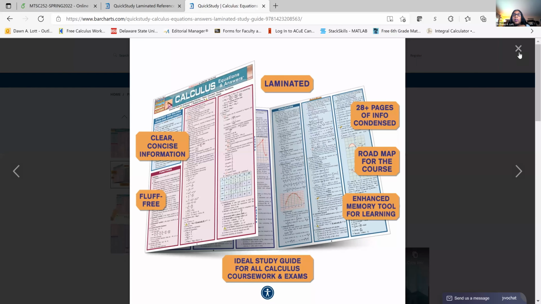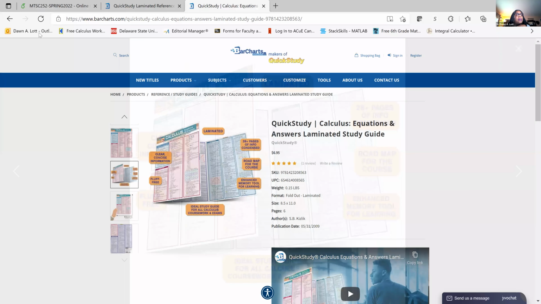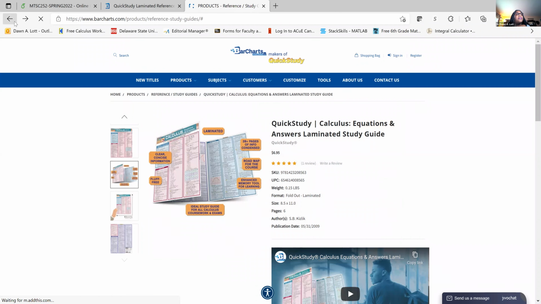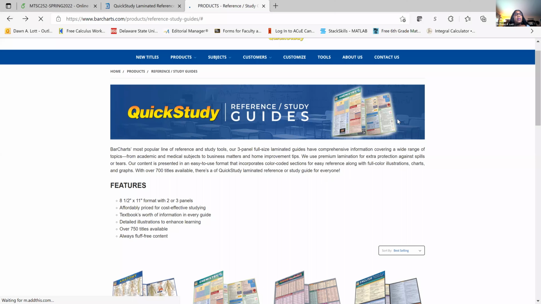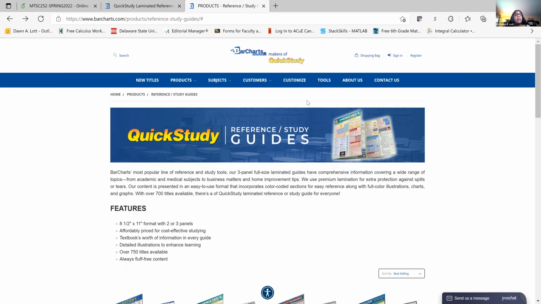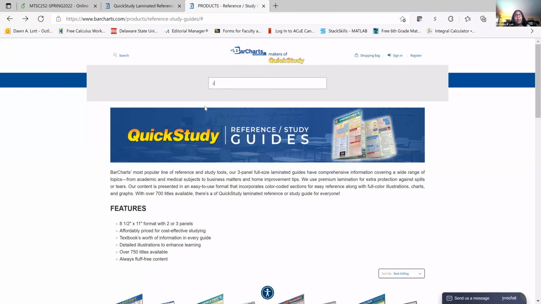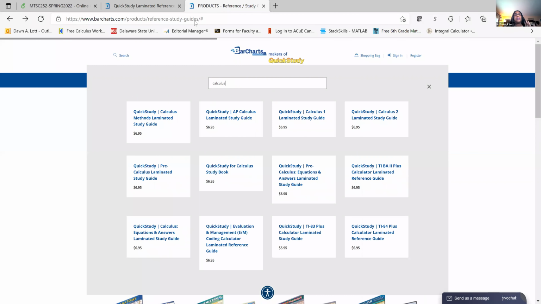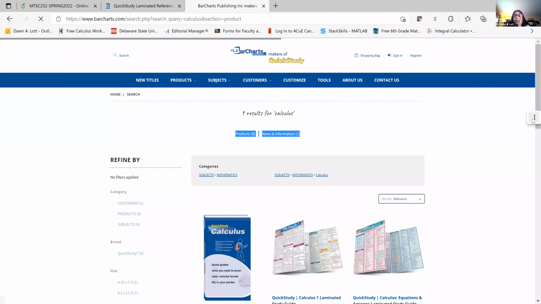I'd like this one. Let's take a peek at the other one. It's just as good. The Calc 2 one is also good though. I mean, it doesn't really matter which one you get.